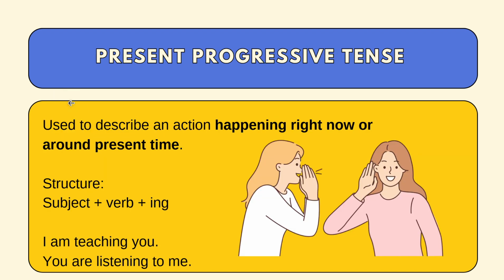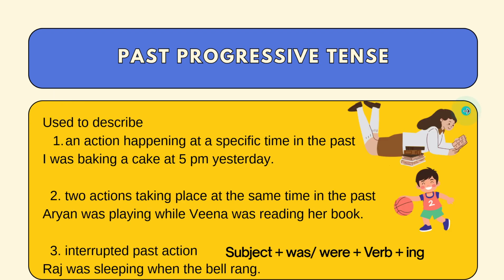But present progressive tense is used when you are talking about an action that is happening right now. And the structure for that is subject plus verb plus ing. Look at the examples here. I am teaching you. You are listening to me. So these are actions that are happening right now. So here we use present progressive tense.